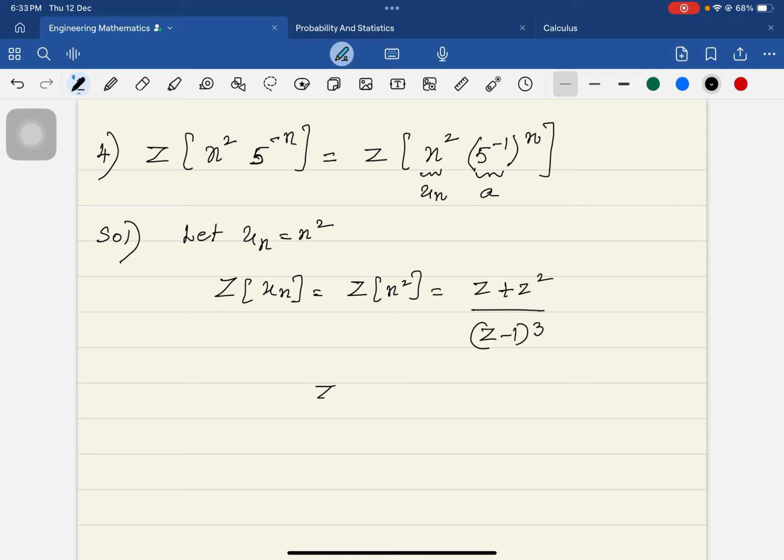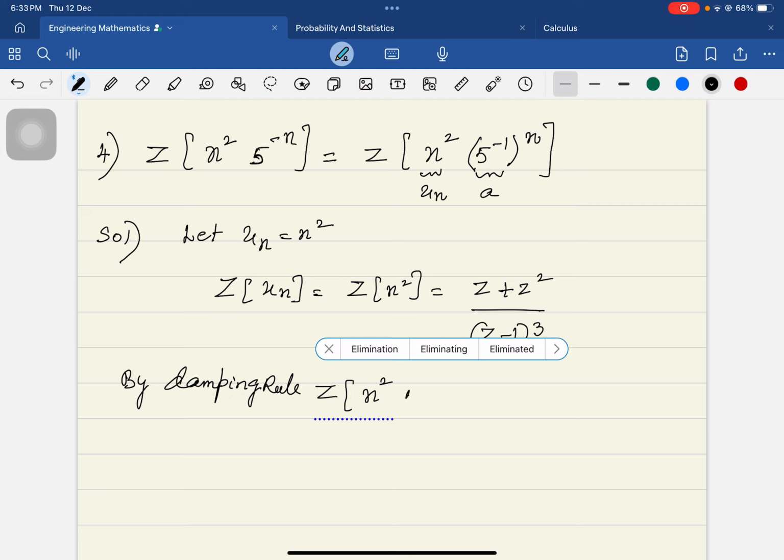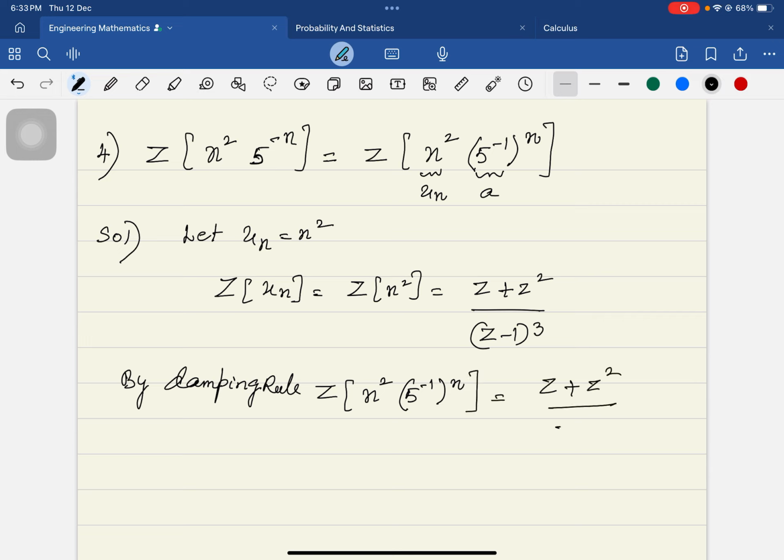So now what we have to do? By damping rule, what is z of un into an? That is n square times 5 power minus 1, the whole power n, is given by u of z, which is z plus z square over z minus 1, the whole cube.